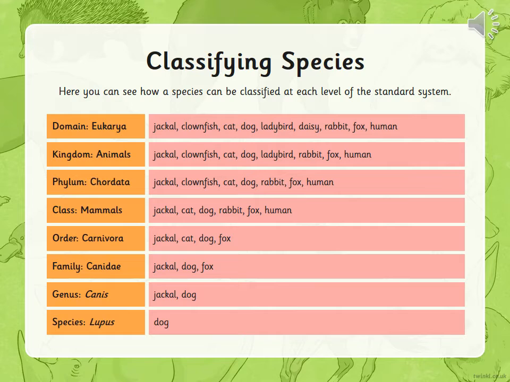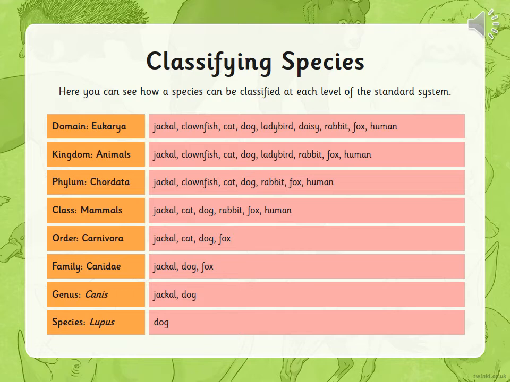Here you can see how a species can be classified at each level of the standard system. First we start with the domain, Eukarya. You have jackal, cloudfish, cat, dog, ladybird, daisy, rabbit, fox and human.